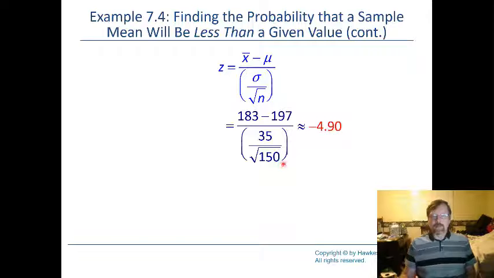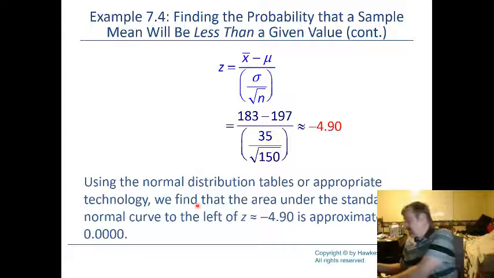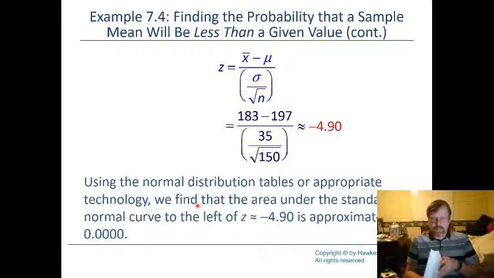So we get negative 4.9 for our z-score. If we look that up in the tables, that may well be off the table. They're saying it's approximately 0. Let me just double check that because I don't think our tables in the textbook go out that far.